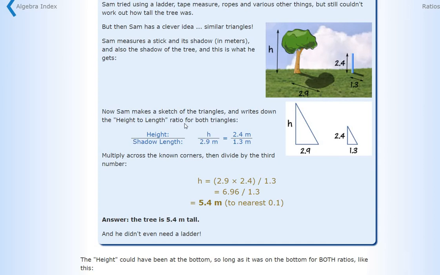So now Sam makes a sketch of the triangles and writes down the height to length ratio for both triangles. So 1:3 to 2:4. Now that's 2.9. So we need to measure the height. How would you get the height?